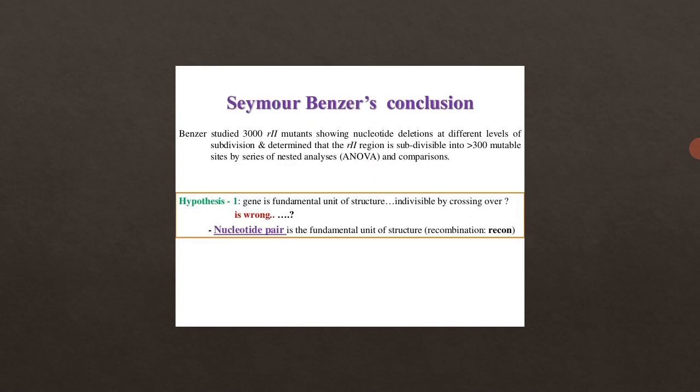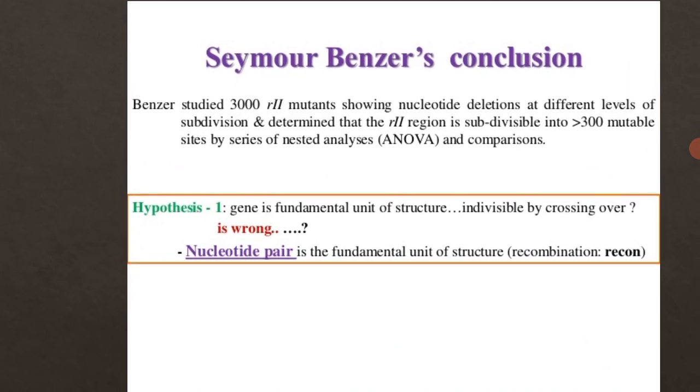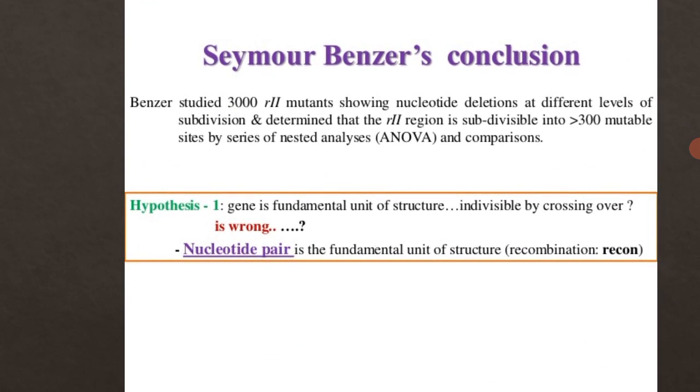Now, Benzer's conclusion was that Benzer studied 3000 R2 mutants showing nucleotide deletions at various levels of subdivision and determined that the R2 gene region present in the genetic structure of that T4 phage is subdivisible into more than 300 mutable sites by a series of nested analysis, that is ANOVA testing, and comparisons with the standards, right?